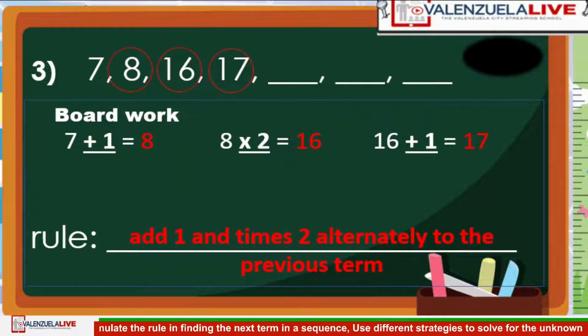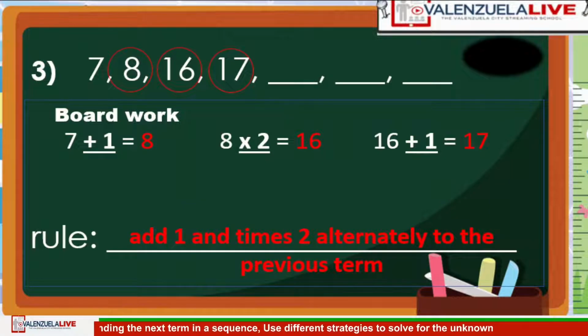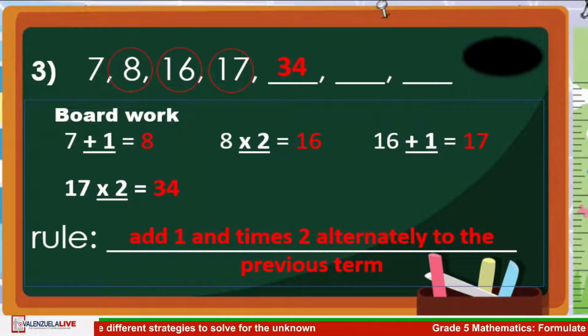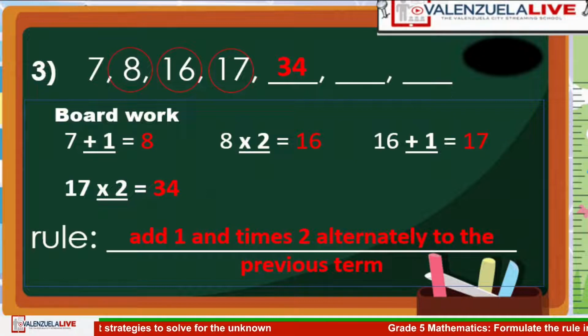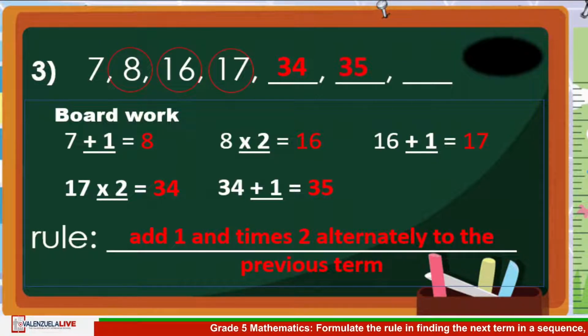What will be the next term? Very good. So all you need to do is multiply 17 times 2. That gives you 34. And following the rule, to get the next term, we have to add 34 plus 1. That is equal to 35.